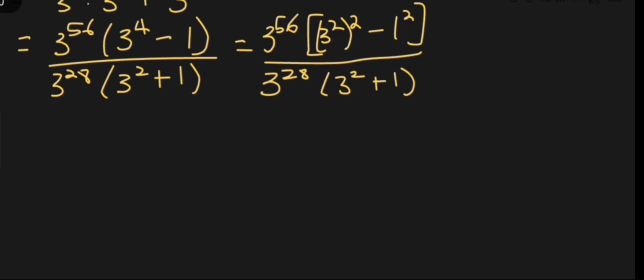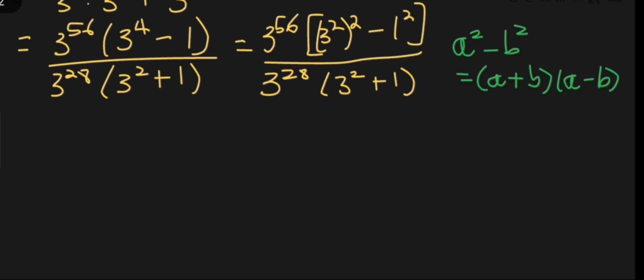So the concept of difference of two squares is applied to the expression in the parentheses in the numerator. The difference of two squares says if we have a squared minus b squared, this factors out as a plus b times a minus b.